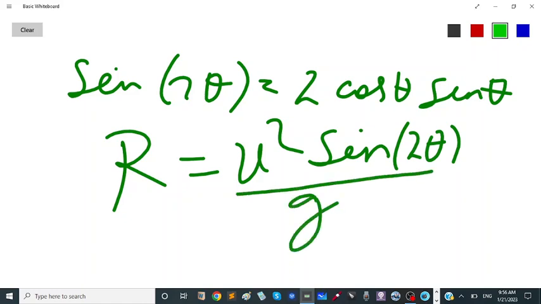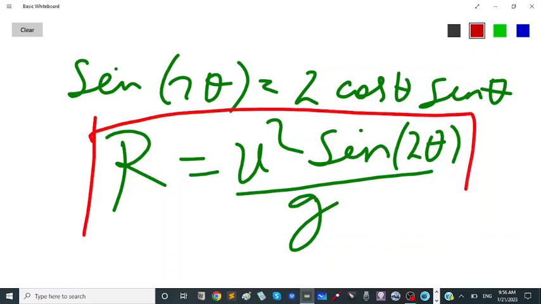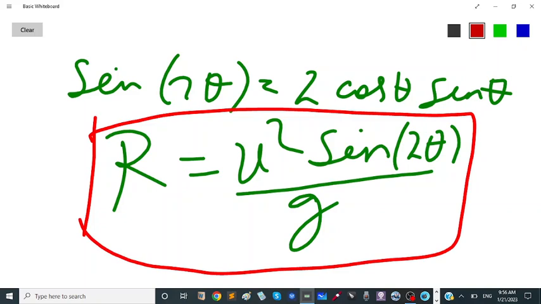Now this is also the most important formula for two-dimensional projectile motion.